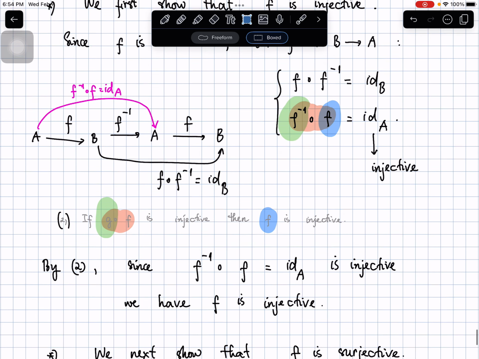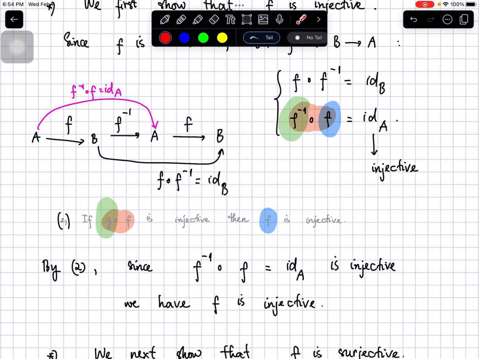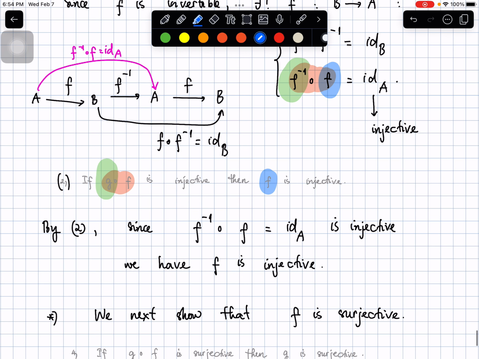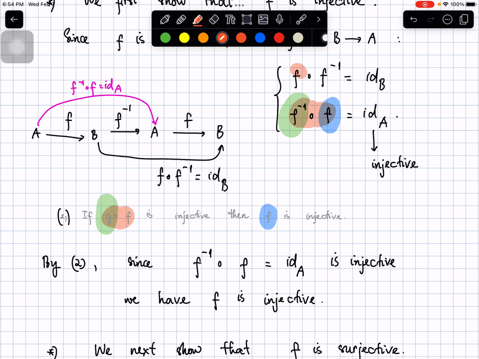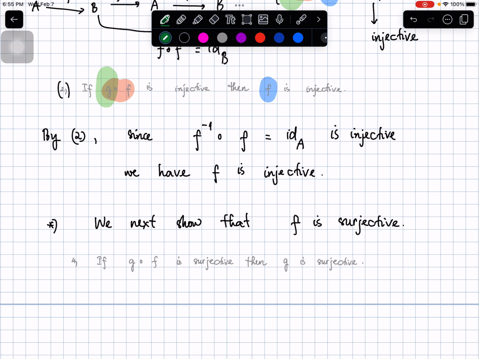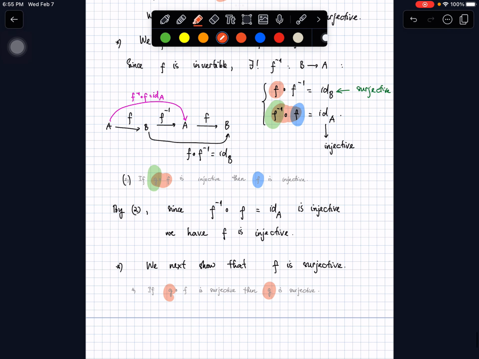Now we have f dot f inverse is the identity on B. The identity is injective and the identity is surjective. So f dot f inverse is surjective. Therefore, by this theorem, f here now plays the role of g, so it must be surjective.